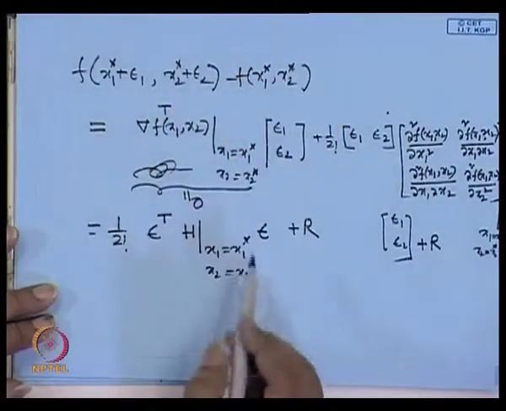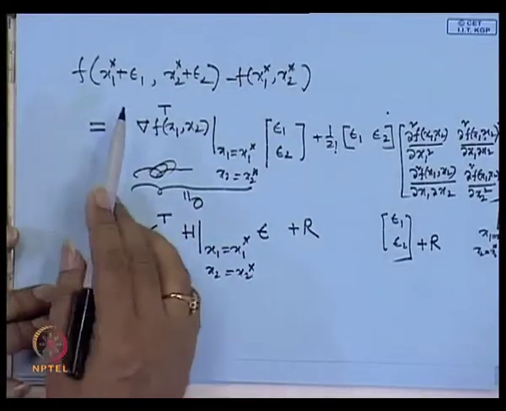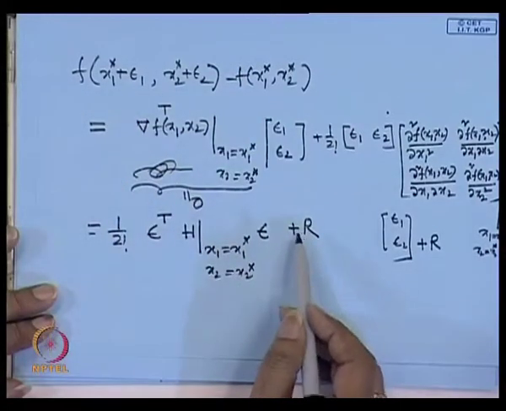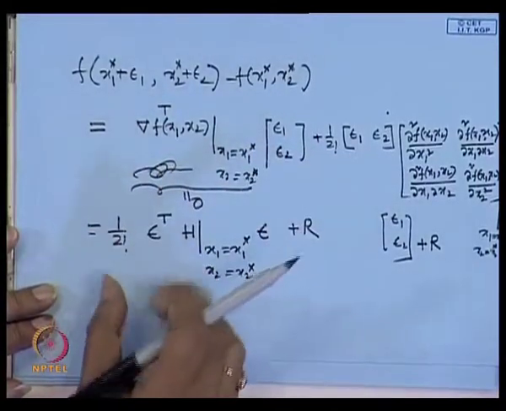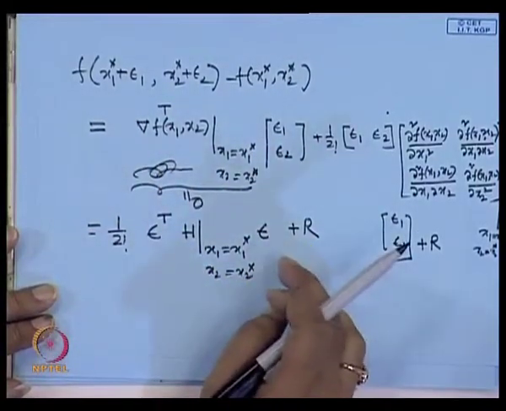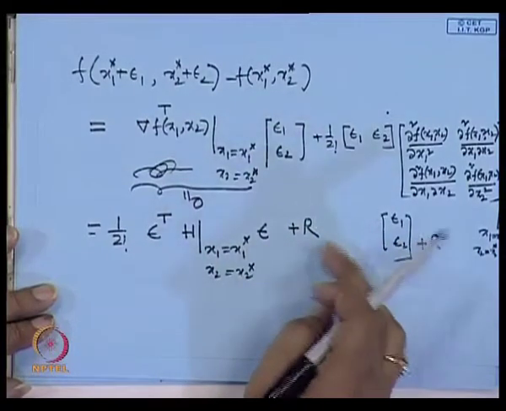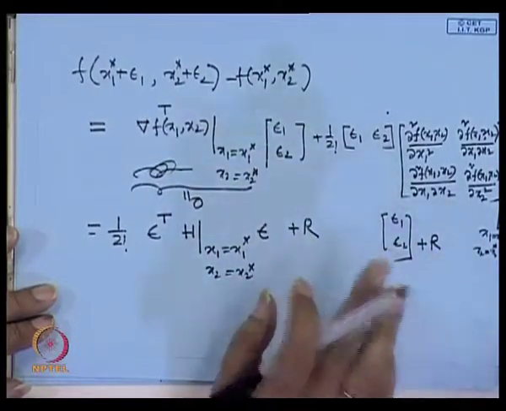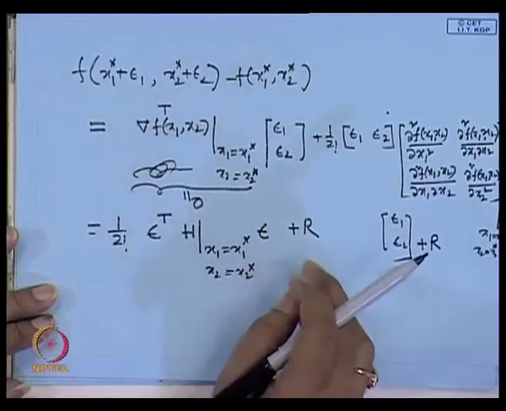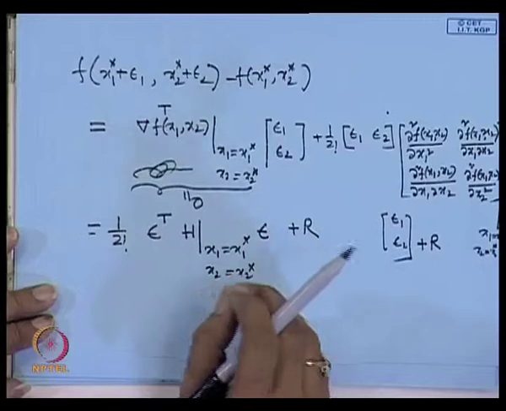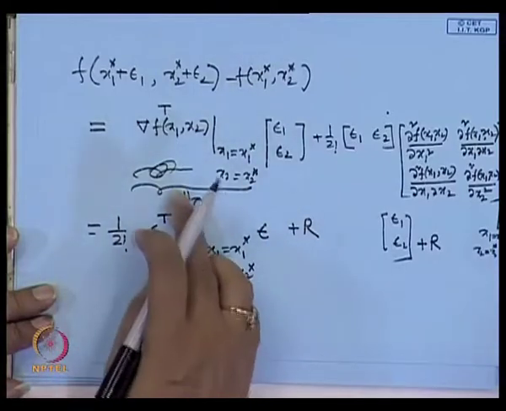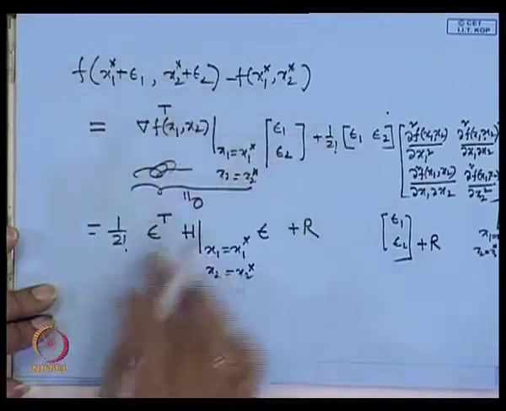Now you see I just mentioned that R is sufficiently small compared to the previous terms, because higher order derivatives will be negligible, because epsilon 1 and epsilon 2 are very small around the x 1 star x 2 star. So, if you assign this as 0, this term is not there, only this term is left.